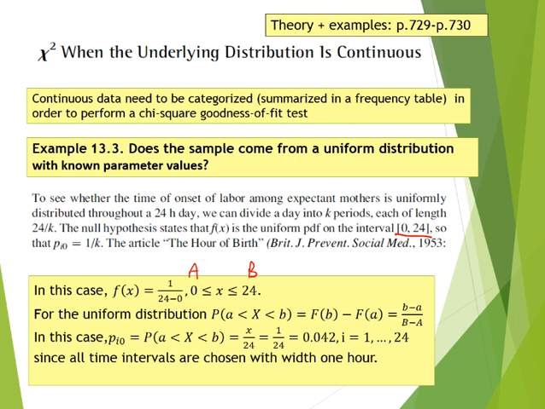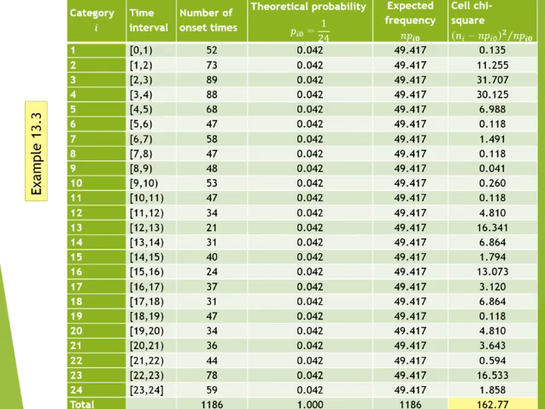So let's look at the data that's been given from example 13.3. The first two columns are what's basically given in your notes, the time interval and the number of onset times. Note we have 24 categories. The time intervals associated with each category are given next to that.